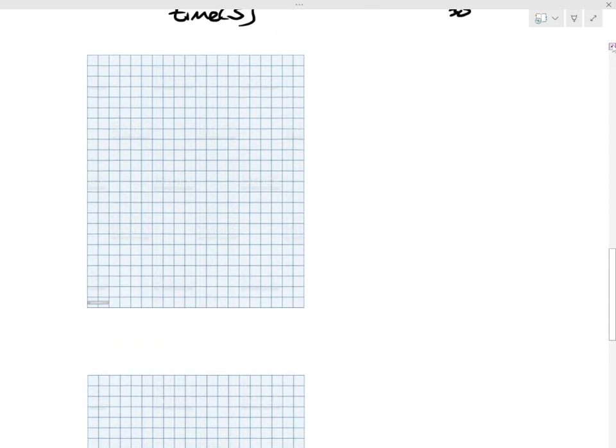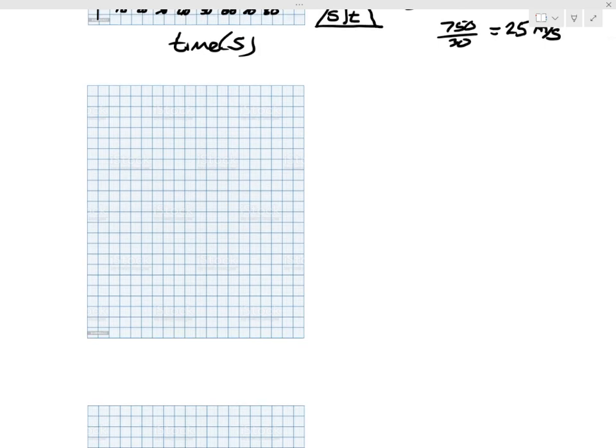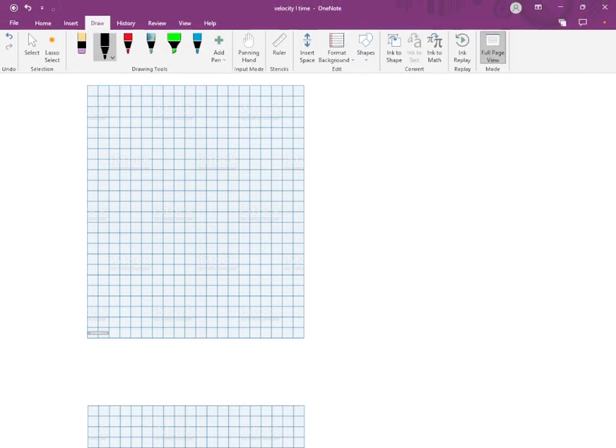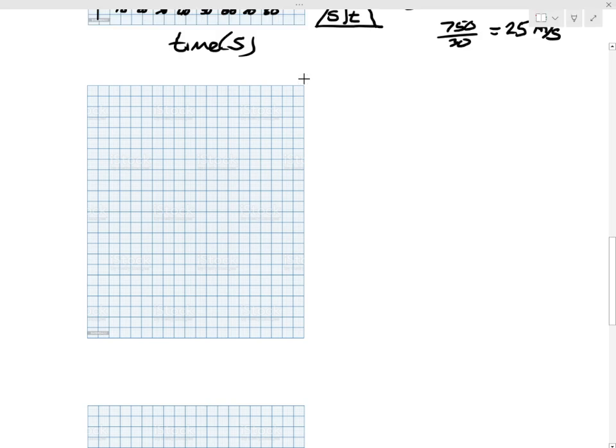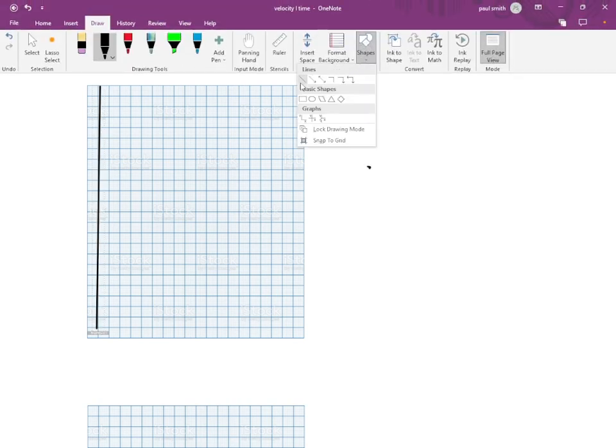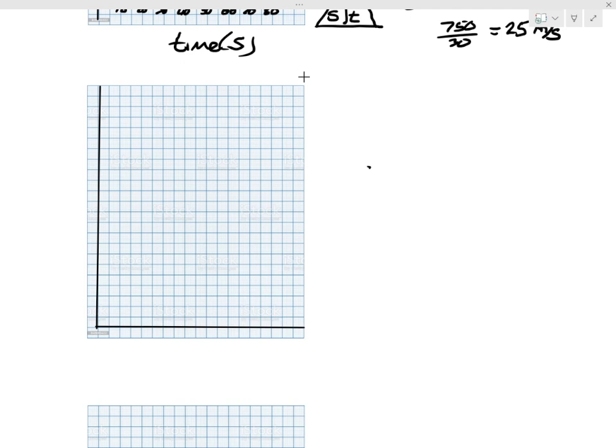So let's do another one here. Again, we've got the time, and here we've got the velocity.